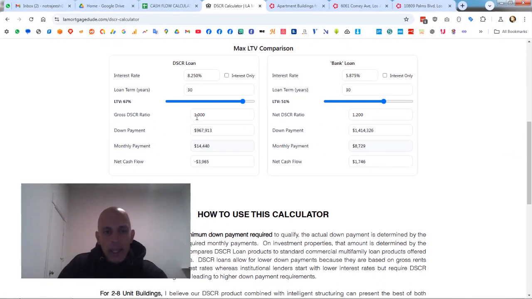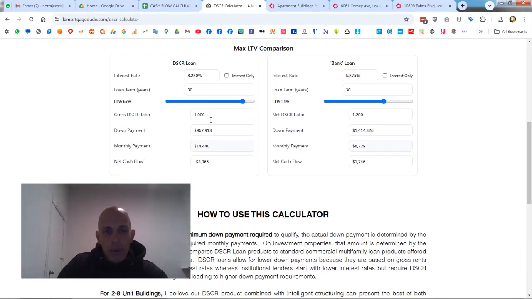And now, to get that same 1.0 DSCR ratio, you only need to put down $1 million instead of $1.5 million. Your interest rate stays the same because the interest rate is based on the DSCR ratio.